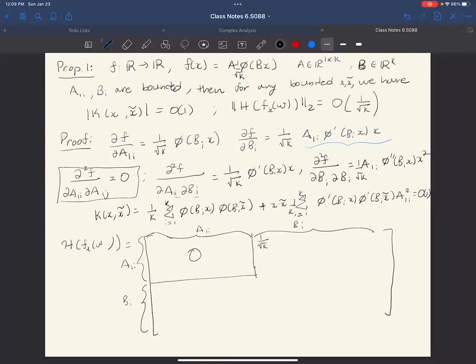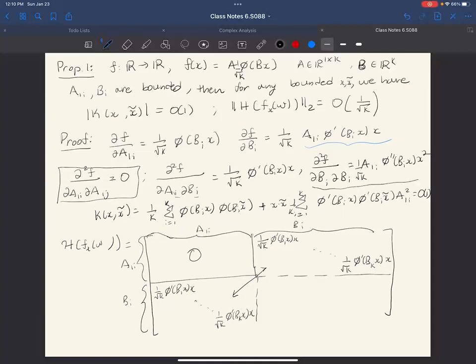And this will all be 1 over root k, phi prime of b_1 x, x, all the way down to 1 over root k, phi prime of b_k x, x. And remember, it better be symmetric. So I'll have the same matrix here. And now the question remains, what happens in this lower block on the bottom right?